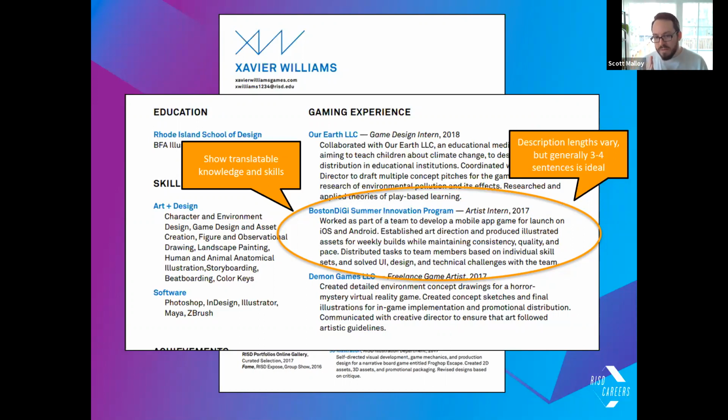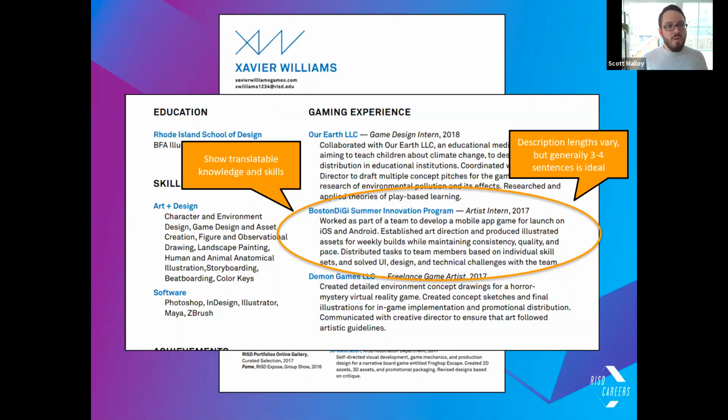They talk about how they established art direction and produced illustrated assets for weekly builds while maintaining consistency, quality, and pace, distributed tasks to team members based on individual skill sets, and solved UI, design, and technical challenges within the team. So in the way that they're describing their experiences, they're pulling out specific tasks and skills that they used as an artist intern at Boston Digi Summer Innovation Program. They're making sure that they're pulling out key skills and abilities as they're describing what they did. So that's one key thing you want to keep in mind.